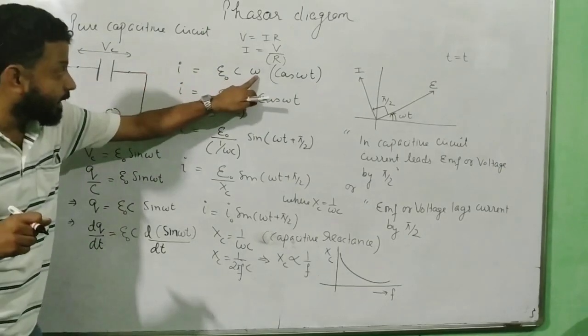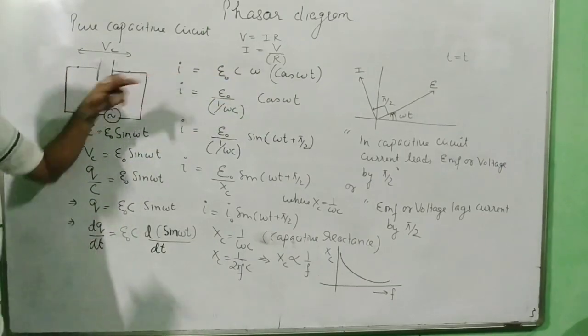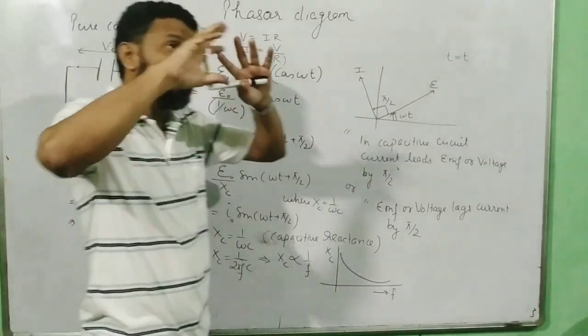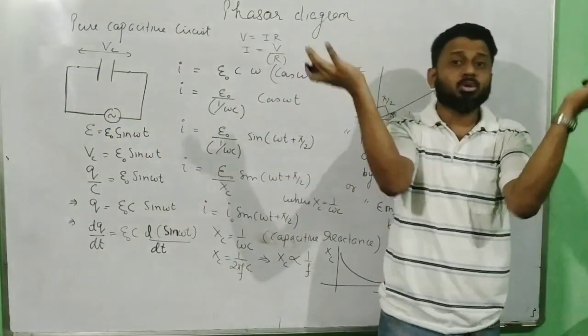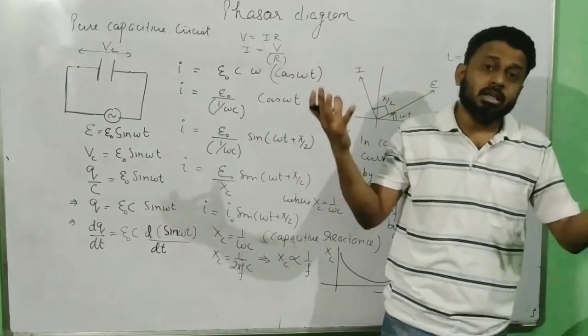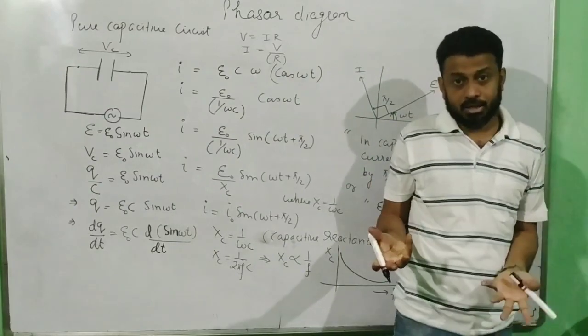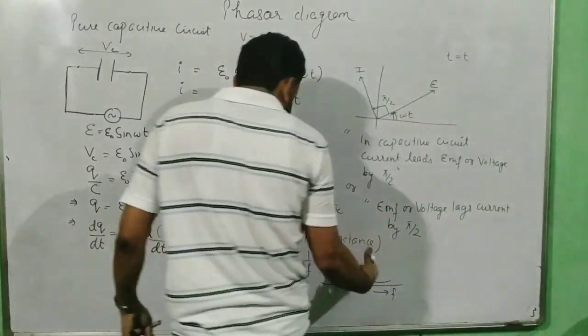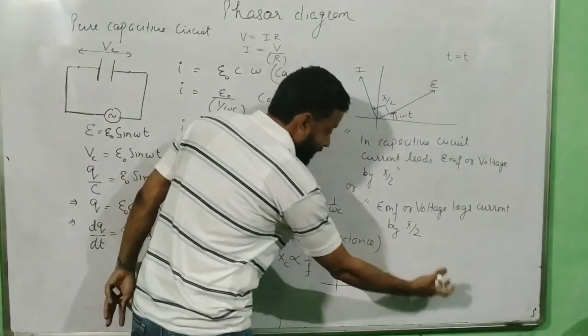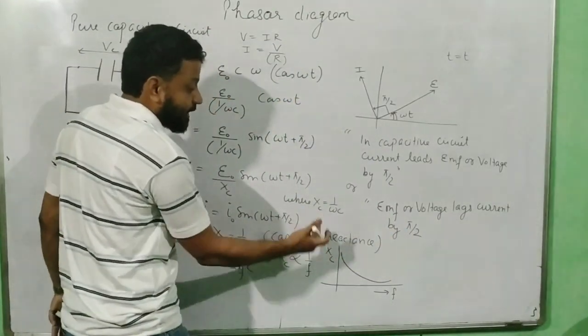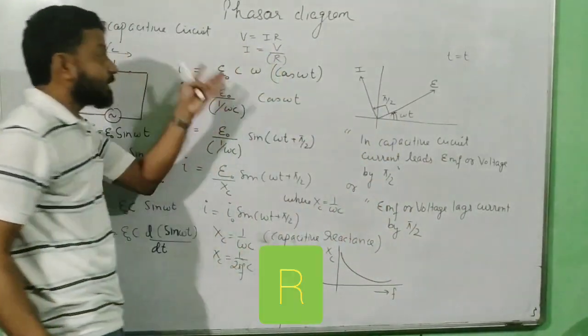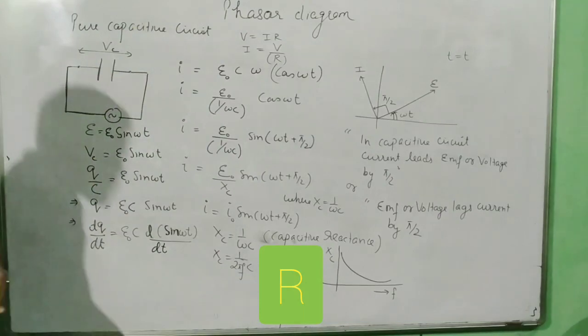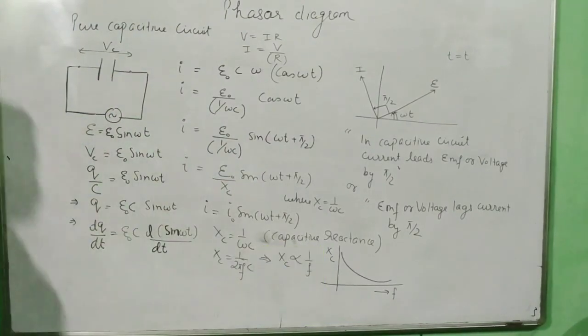Compare this with the Ohm's law concept: current increases when resistance decreases. Hence, as the frequency increases, the capacitive reactance decreases because current is increasing. The graph is again very important.